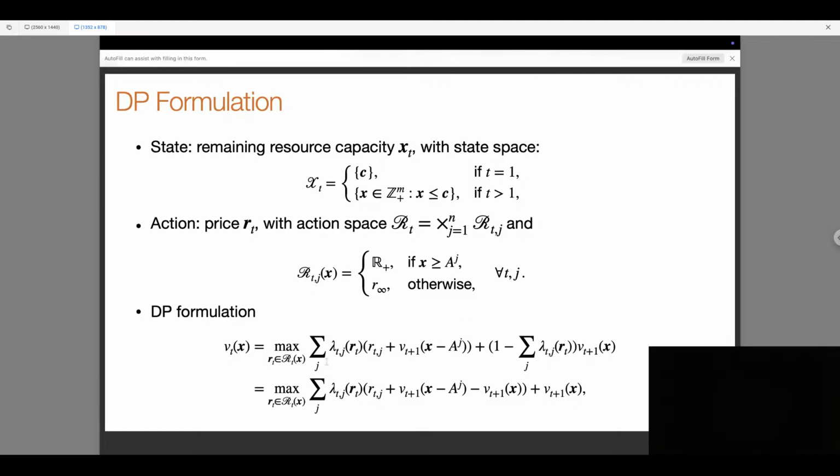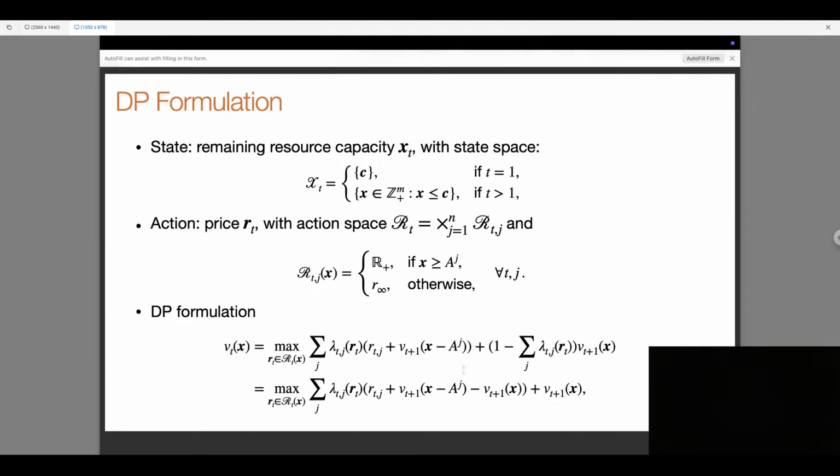Here the first part is the probability of buying product j under the price r times the reward gained by selling the product j, plus the reward to go at the next time under the remaining resource capacity x minus a_j for the next state, and plus, if the customer doesn't buy product j, the probability of not buying times the reward to go at the next state under the resource capacity x.